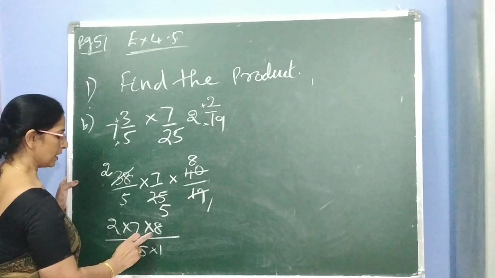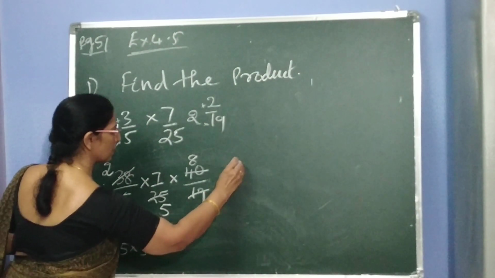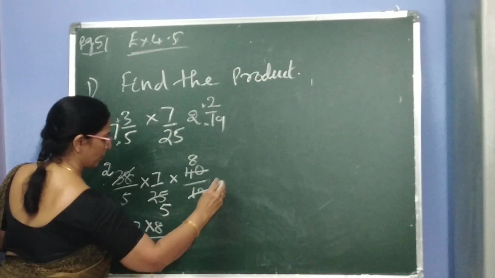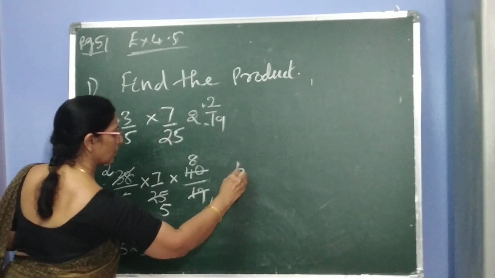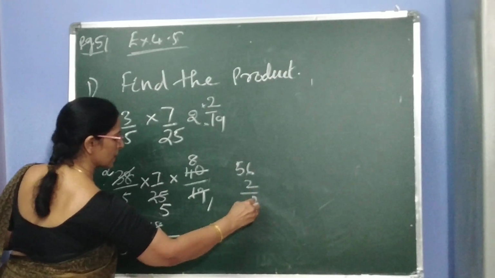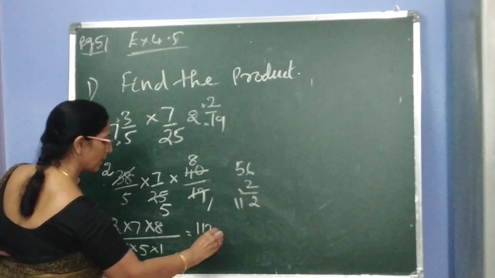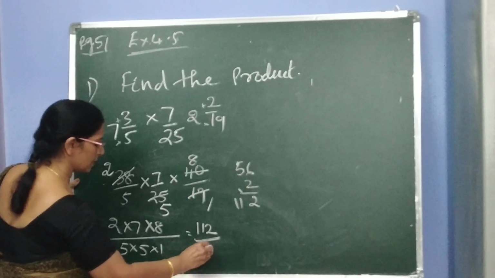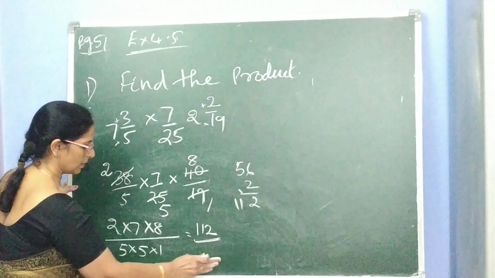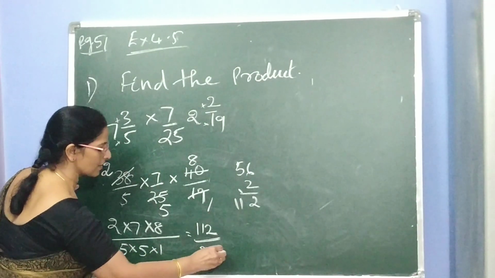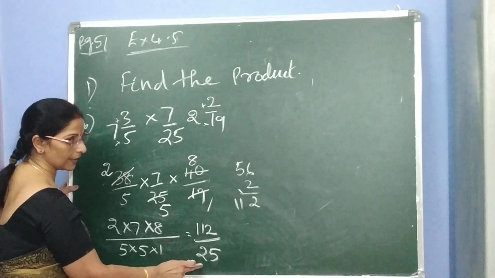Here 7 8s are 56. 56 2s are 6 2s are 12, 112 by 10. It is very easy, children. Sorry, 5 5s are not 10, children. 5 5s are 25. Here 112 by 25.